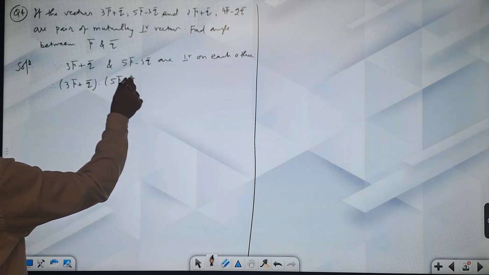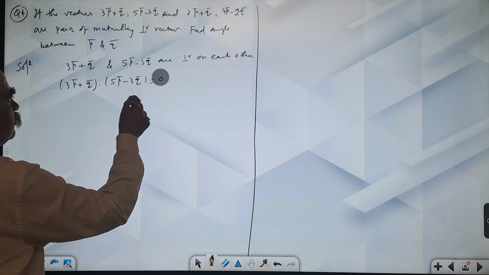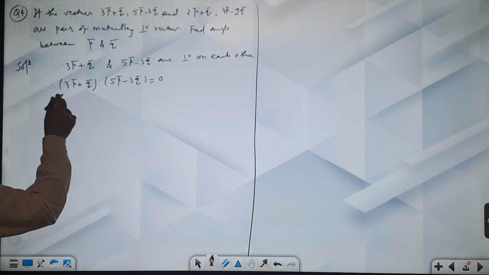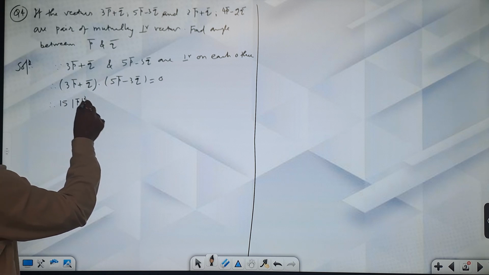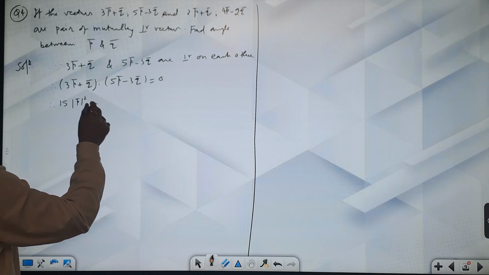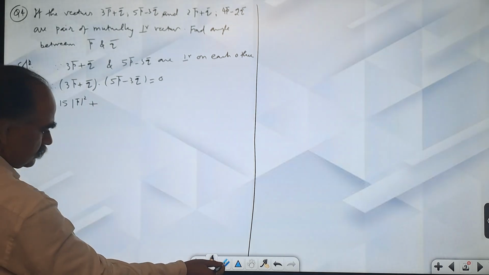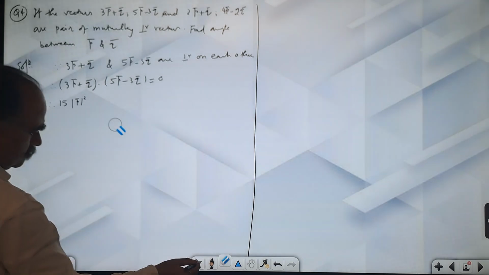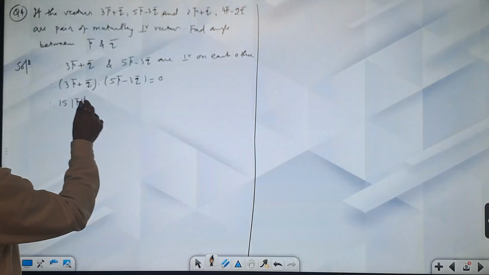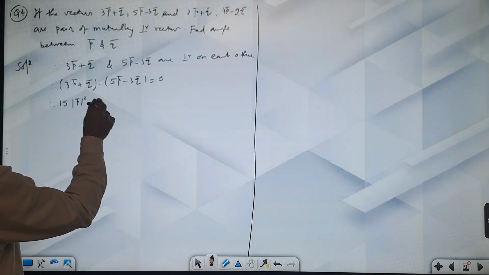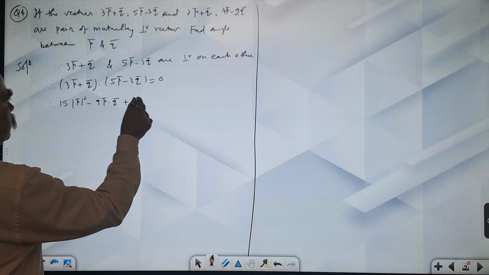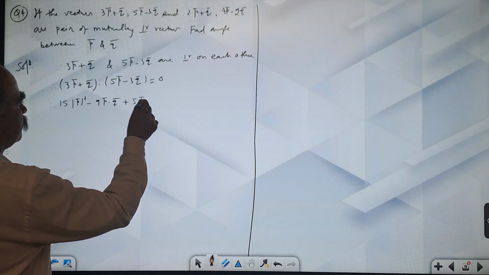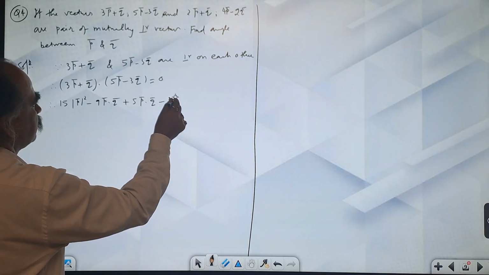So 3 into 5, 15 mod p bar square, plus 3 into minus 3 is minus 9 p dot q, plus 5 q dot p and p dot q one and same, minus 3 q dot q is what?